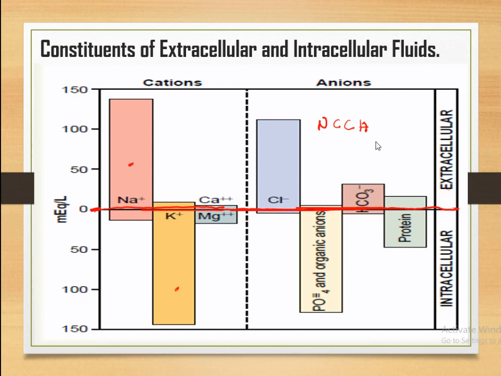Personally, when I know the extracellular side of the cell, I can a little bit forget about the intracellular, because I know that sodium, calcium, chloride, and hydrocarbonate are outside.